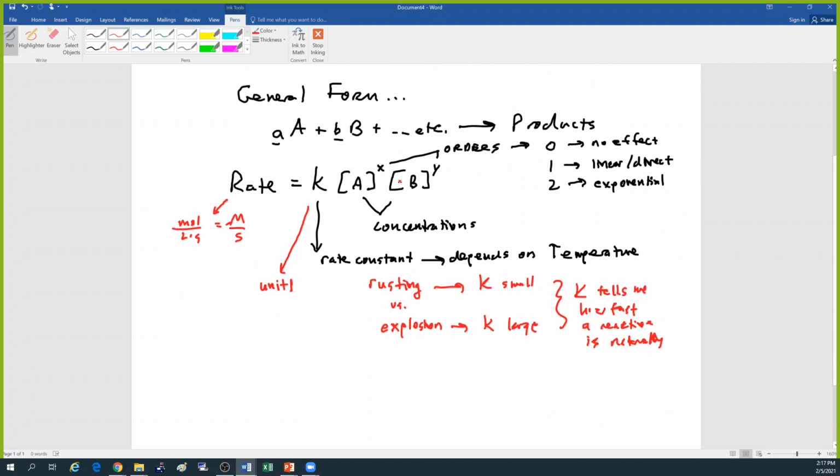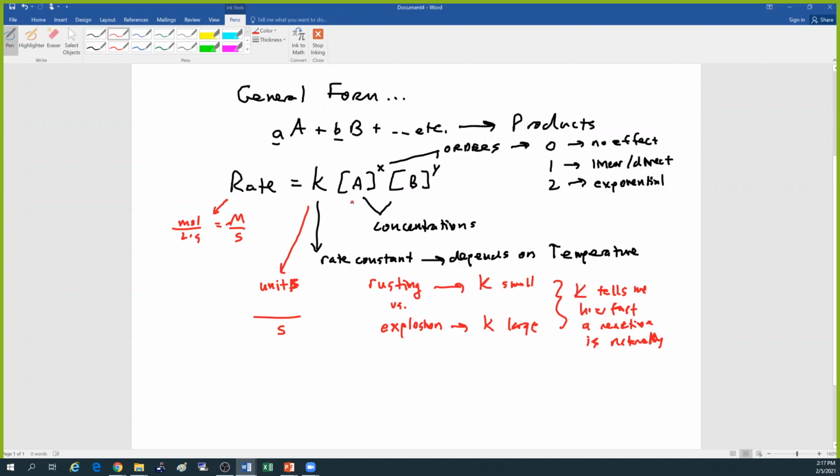And there's a real simple way to see how this has to work. Again, mathematical logic. We always want our final rate to be in molar per second units. This is always going to have a time unit in the denominator, and then we're going to have to divide by as many molar units as we need to end up with just 1 molar left.